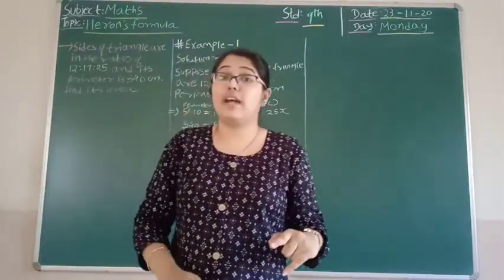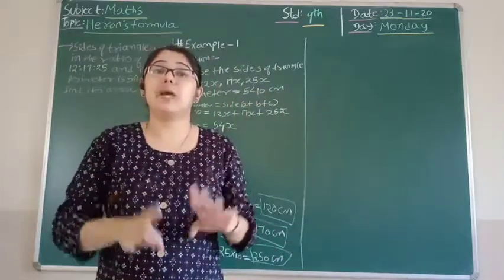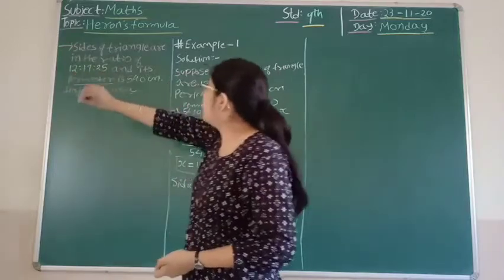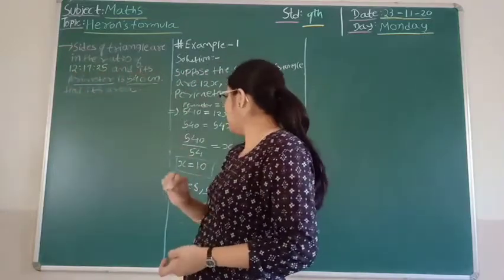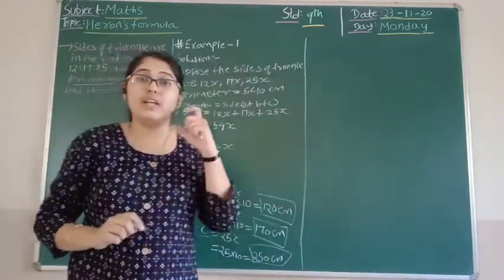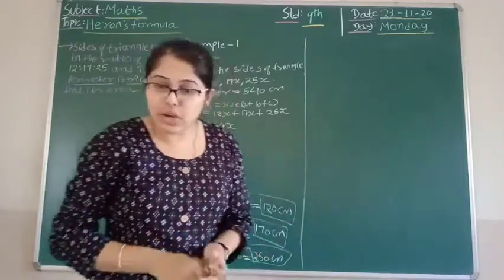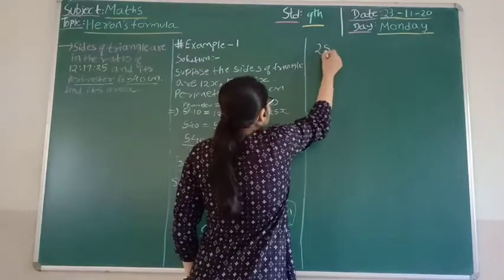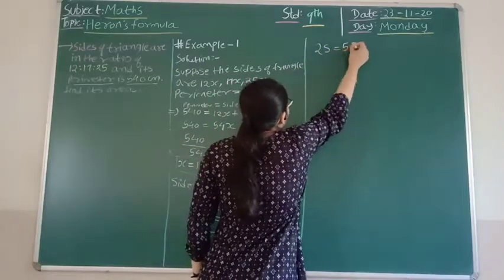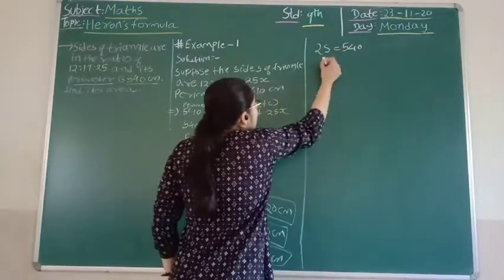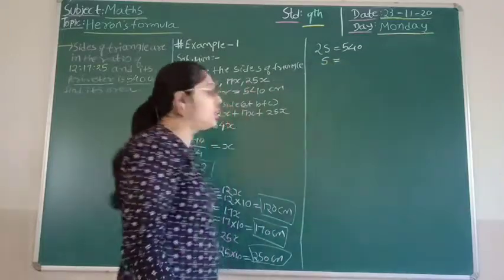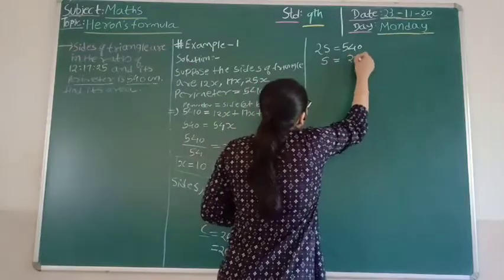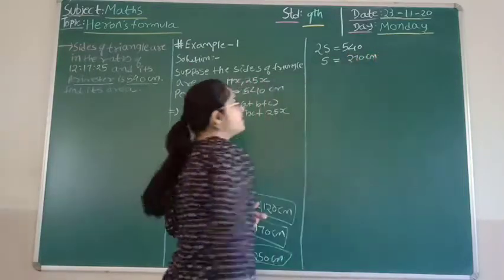Now we need to find the semi-perimeter because we have been given the perimeter over here, which is 540 centimeter. So we are going to find the semi-perimeter and we know how we can find this. We can find this as 2s is nothing but equal to 540. So s is nothing but equal to 270 centimeter.